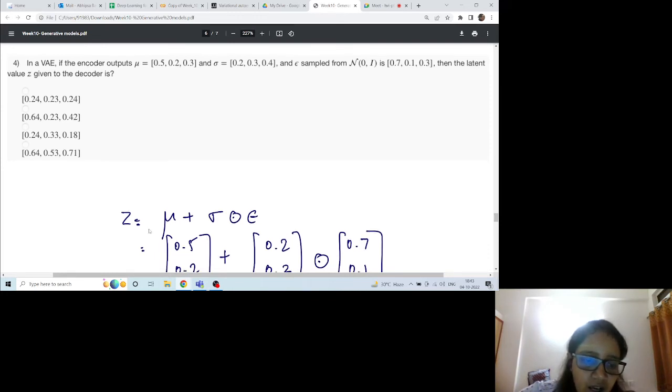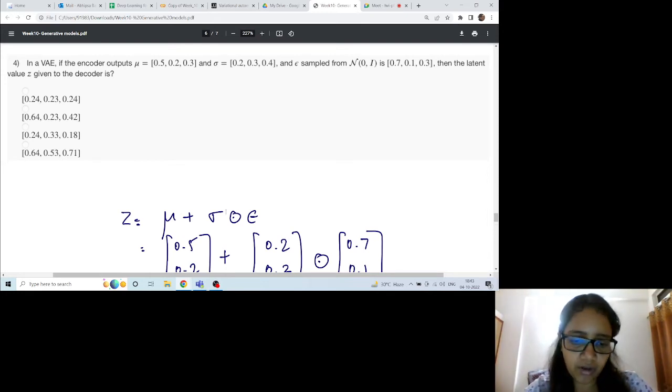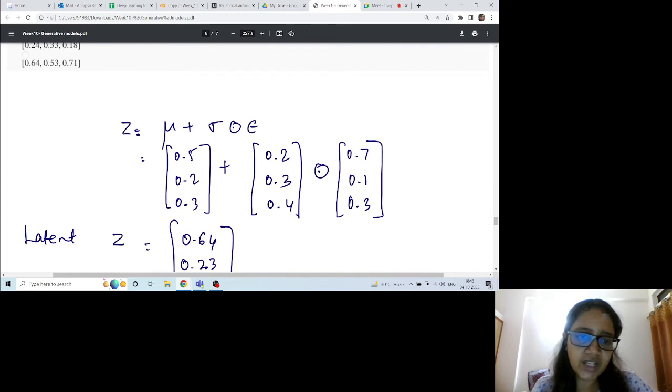Given mu, sigma, and some vector generated from a zero mean and unit standard deviation Gaussian, that translates to something like this when you combine them. So it's mu plus sigma times epsilon.